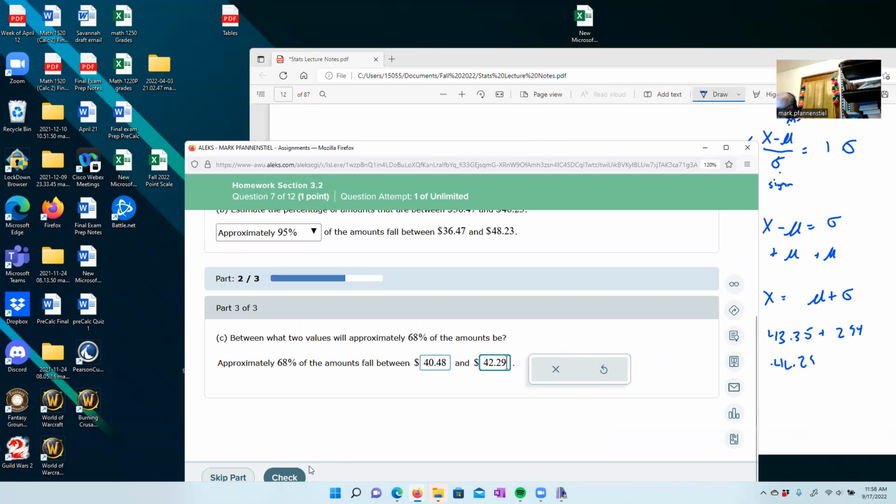And we'll do our fingers crossed to make sure that happened. And it didn't like either one of those. One of your digits is wrong. Work more carefully. Oh, $46.29. There we go. Double check that.